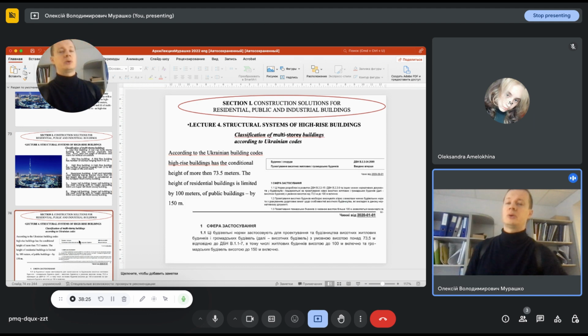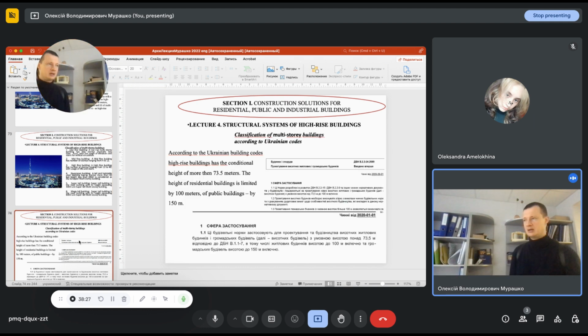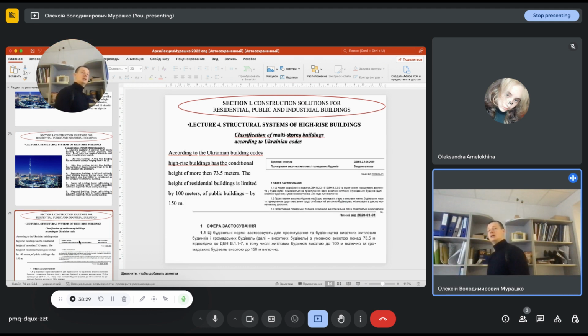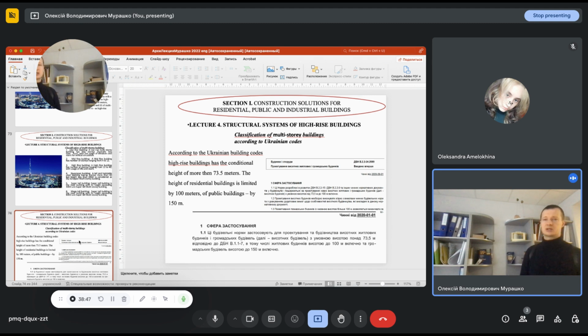But when we are talking about our Ukrainian classification, we have three limits. The first limit is 73.5 meters. If the building which you are designing is higher than 73.5 meters, it's a conditional height.